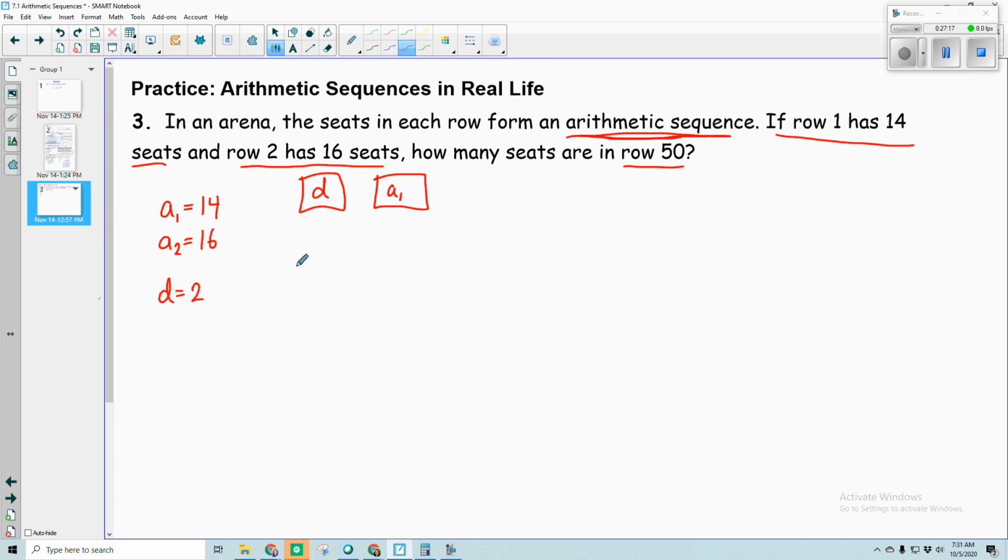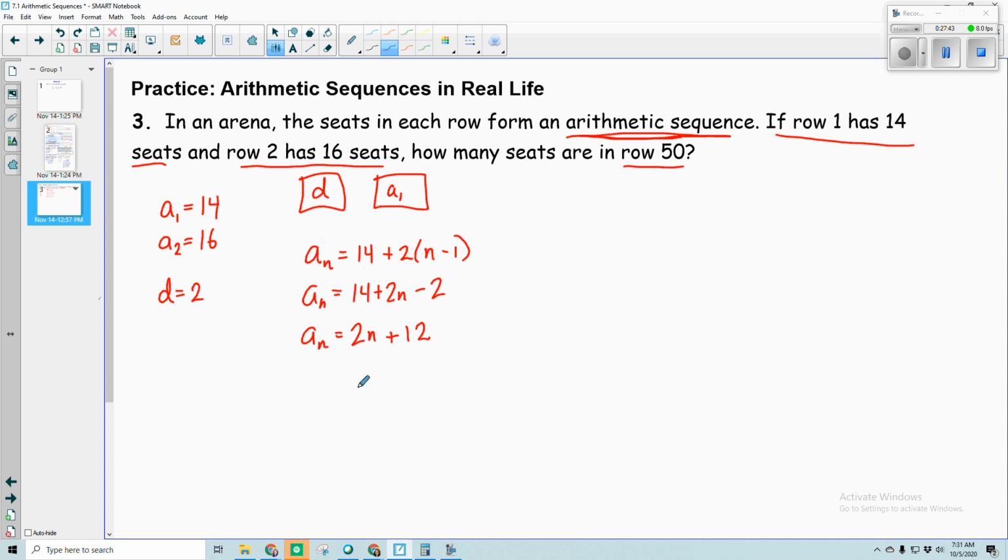Now that I have that, my explicit formula is 14 plus 2 multiplied by n minus 1. I'm plugging in a sub 1, and I just plugged in d there. Simplify it a little bit further, and then there's our explicit formula.